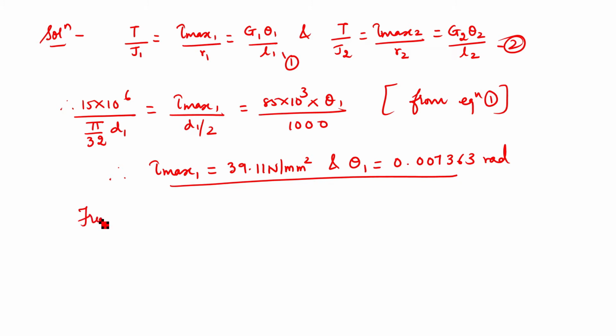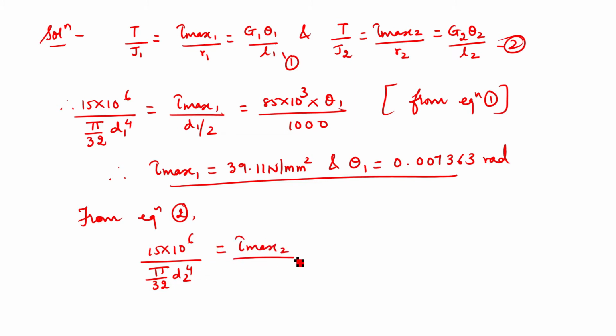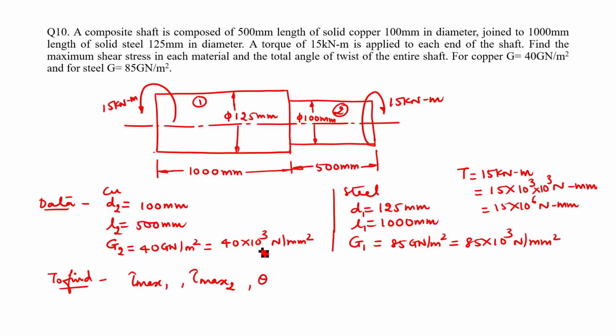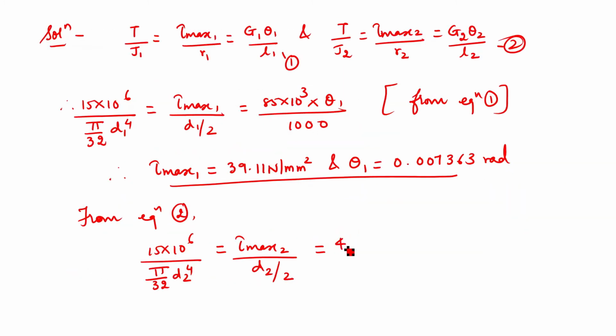Now from equation 2, you will get 15 into 10 raised to 6 upon pi by 32 d2 raised to 4 is equal to tau max 2, which is what I need to calculate, upon d2 by 2 is equal to the value of G2, which is 40 into 10 raised to 3, theta 2 is what I want to calculate, and the value of length is 500.